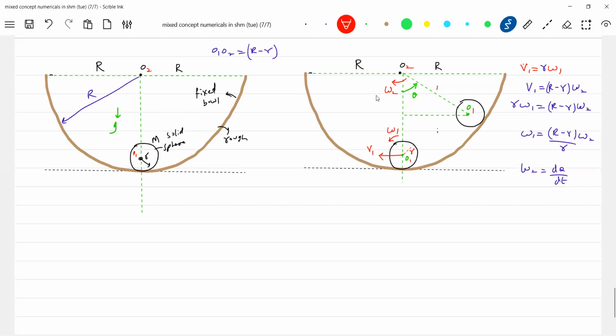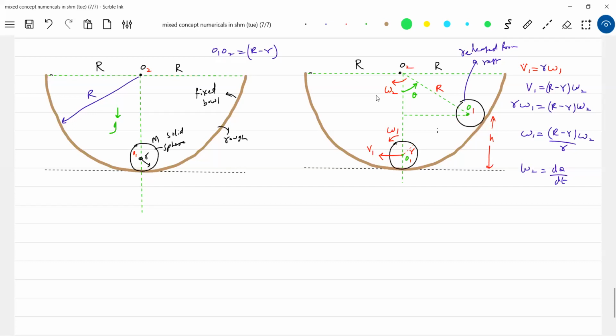Let's have it like this, and this is capital R. It is released from rest. So the decrease in gravitational potential energy should be converted into translational as well as rotational kinetic energy.